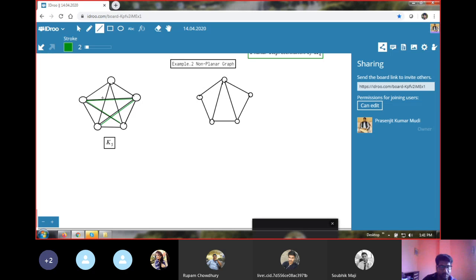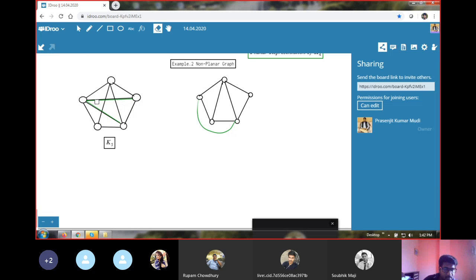So these three green colored edges are not possible to draw inside this pentagon. Okay, what we can do, I can do this green colored.